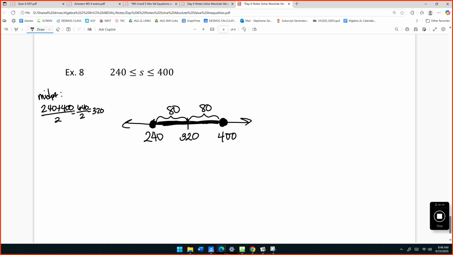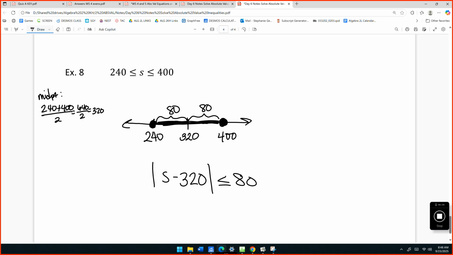So our absolute value, the difference between S, because that's the variable, and our middle, which is 320, so S minus 320, greater than or equal to, or less than or equal to? If it's inward, it's less than, because this is an "and." So less than or equal to 80.